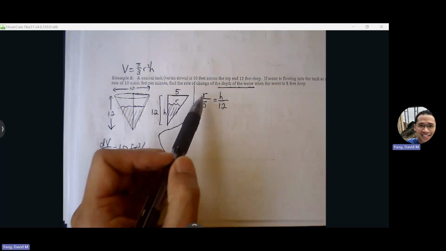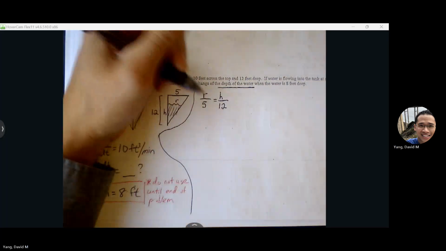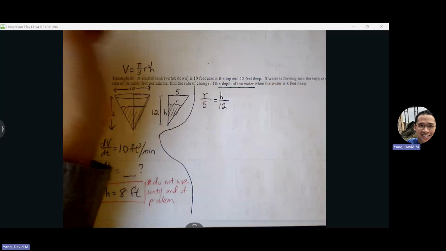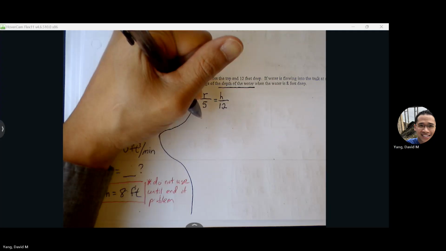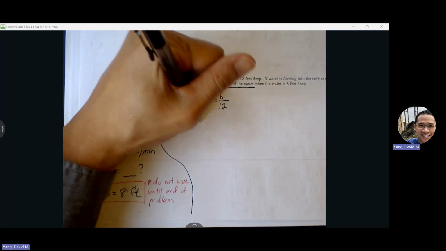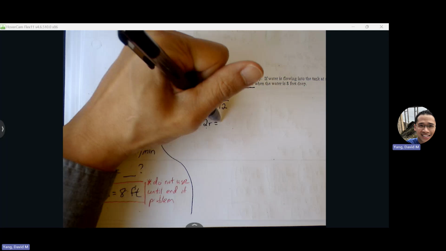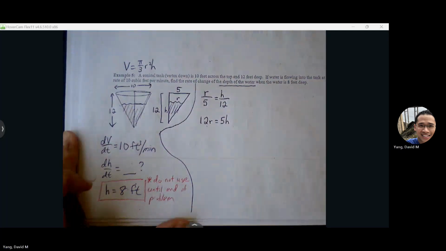Okay, next up, let's cross multiply. We still don't know what variable to solve for, but I just want to get the fractions out of the way. So let's say we have 12r is equal to 5h.